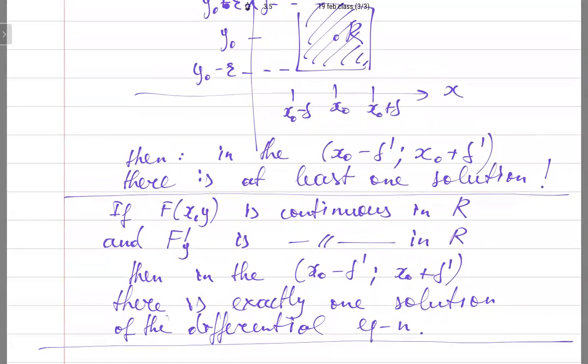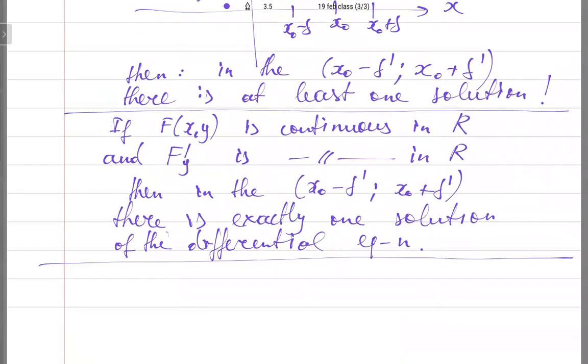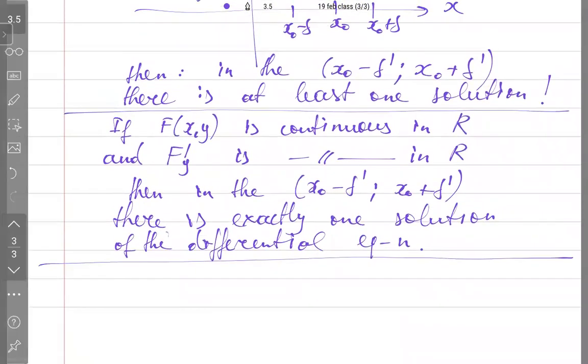These two theorems allow us to count the number of solutions, sometimes without explicitly solving the differential equation. Without solving, we can predict, oh, we have one solution. Oh, without solving, we can say we have 0 solutions. Oh, we have infinitely many solutions.